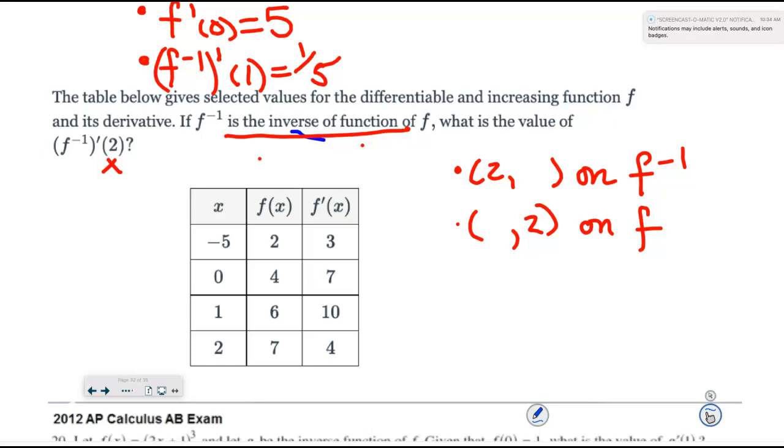Even if you're working with h's and k's, this method is nice because you don't have to memorize a rule. All right, so how am I going to figure out what gets mapped to 2 on f? They didn't tell me explicitly up on the other one, but where am I going to find it? I'm going to go over here to f, and I'm going to find out, well, where is f of x equal to 2? Oh, there's my point. Boom, boom.